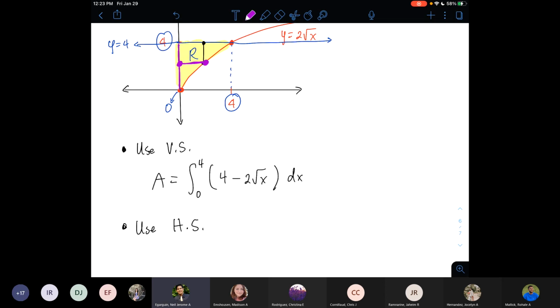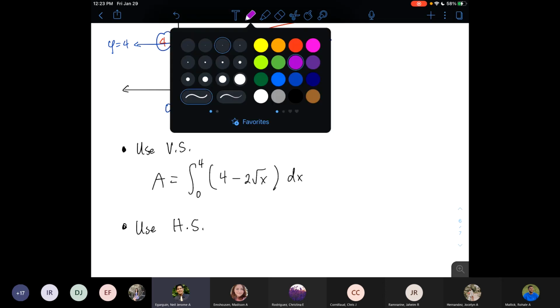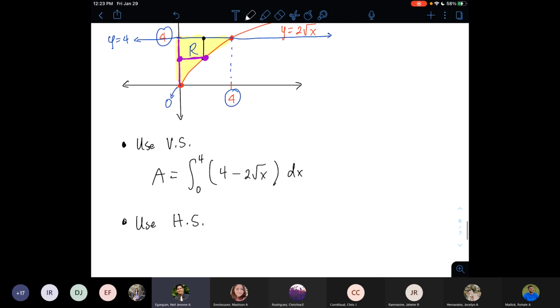No matter where we draw the horizontal strip, it's always the red curve and the y-axis on the left. So that means it's fine. There's no big issue in using horizontal strips here. Now, horizontal strips always go with dy.